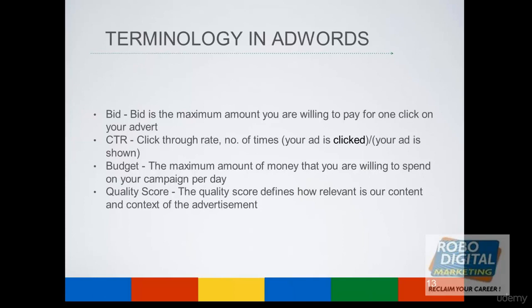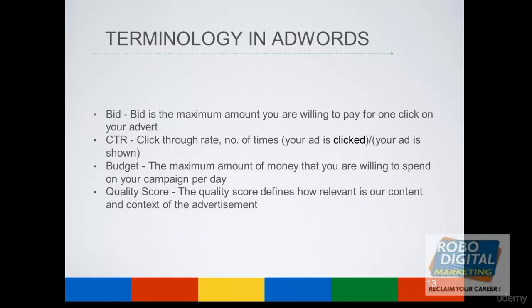Okay, next is the CTR, that is click-through rate. It is the number of times your ad is clicked divided by the number of times your ad is shown. It is very, very important. The reason is if your ad is shown too many times and it is not clicked, that means your ad is not attractive or is not leading the customer towards your website.